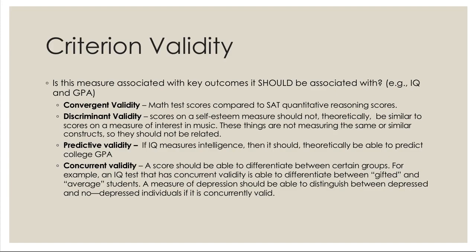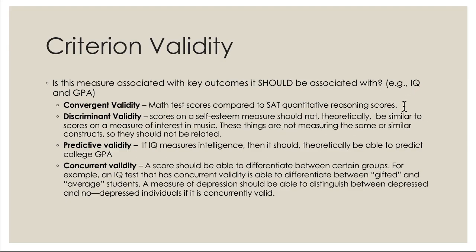All right. Now there's criterion validity. So is this measure associated with key outcomes that it should be associated with? For example, someone with a high IQ should get a higher GPA. That's just how it should be if IQ has good validity, right? Convergent validity: math test scores compared to SAT quantitative reasoning scores.